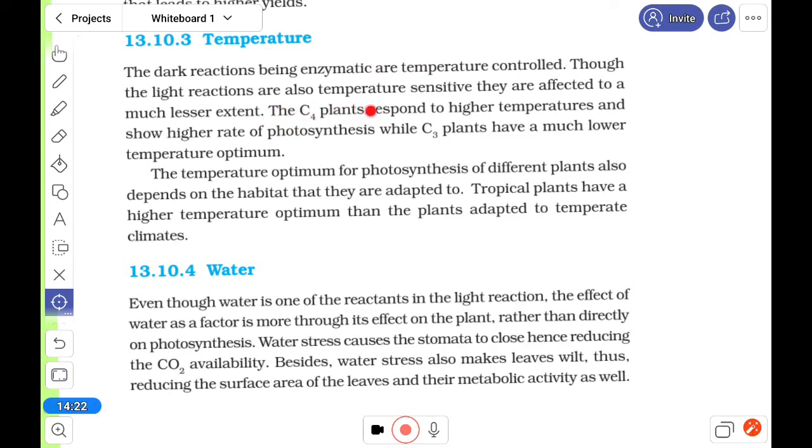C4 plants respond to higher temperatures and show a higher rate of photosynthesis, while C3 plants have a much lower optimum temperature. In the case of water, it is required in the beginning of the reaction, and water stress causes the stomata to close, hence reducing carbon dioxide availability. So that is about the factors and all about photosynthesis. Thank you.